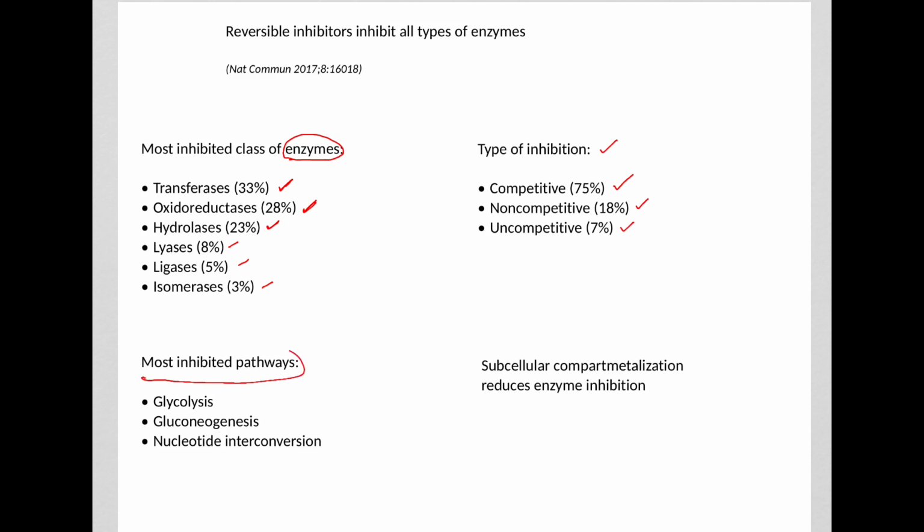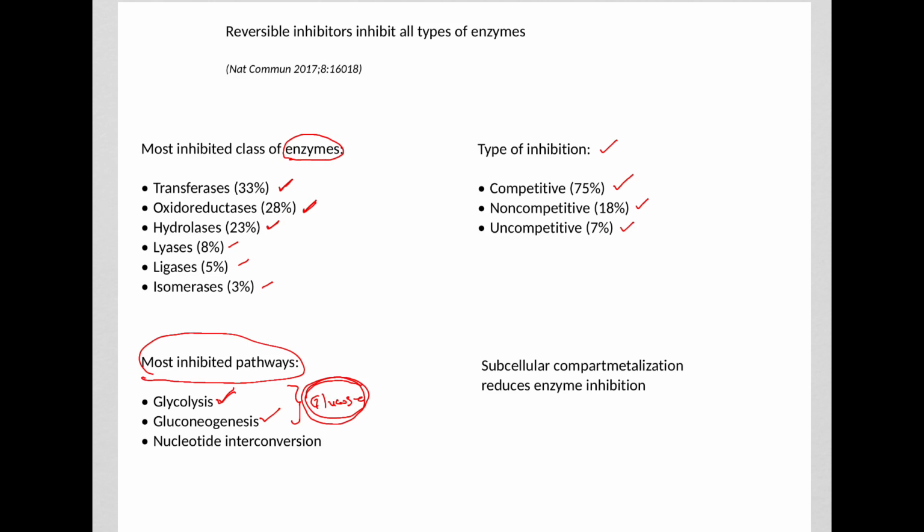The most inhibited pathways include glycolysis, which is the breakdown of glucose, and gluconeogenesis, which is the synthesis of glucose. So clearly glucose plays a very important role in the human body, and therefore it's not surprising that the enzymes involved in glucose metabolism are very, very highly regulated.